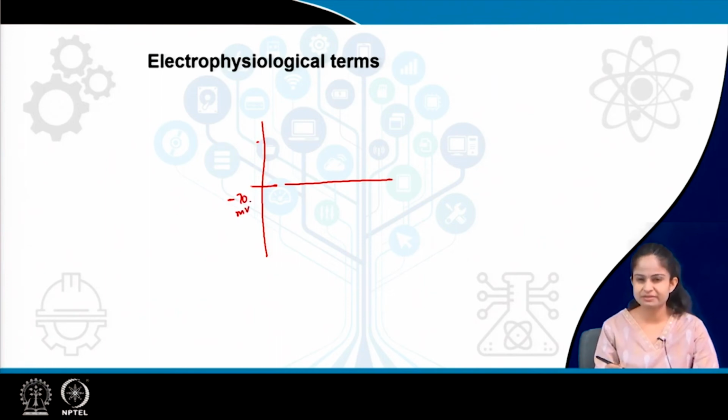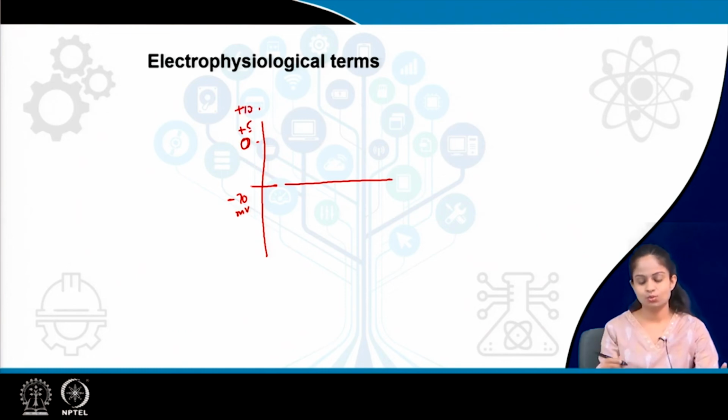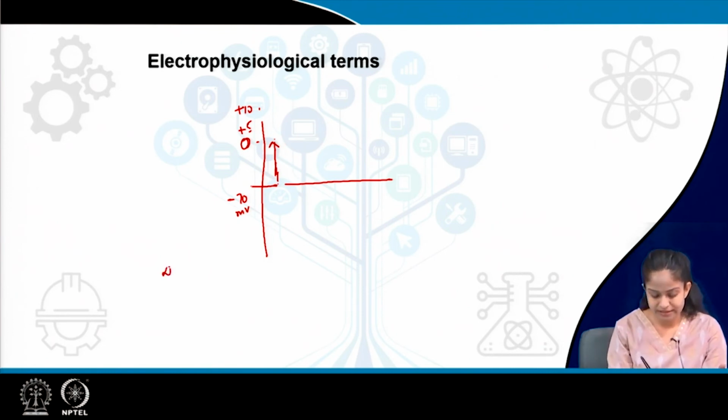As I told you, the resting membrane potential is usually close to that of the potassium ions, so we will take it as -70 millivolt, and here it is 0, and there we have +5, +10. Whenever the potential is moving towards 0, that means from the negative towards the positive side, this is known as depolarization.